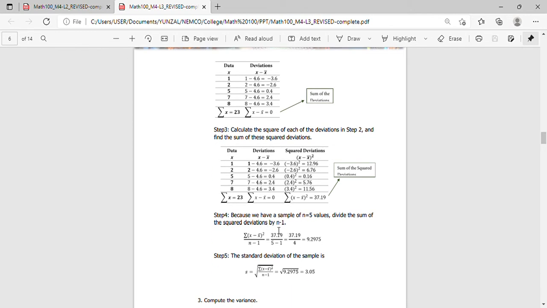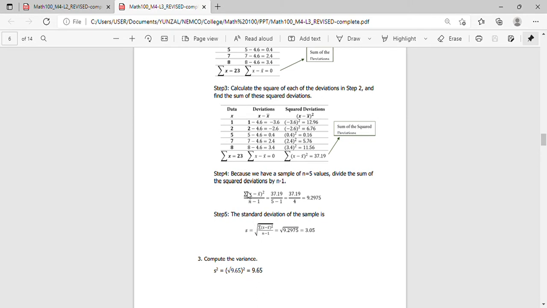Next, because we have a sample of n equals 5 values, divide the sum of the squared deviations by n minus 1. Kung n minus 1, pasabot sample ra siya. So, ato na ibutang diri, this is actually the formula for finding the standard deviation.